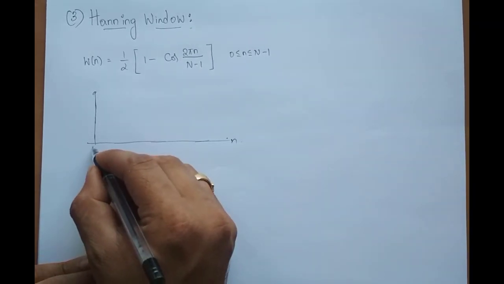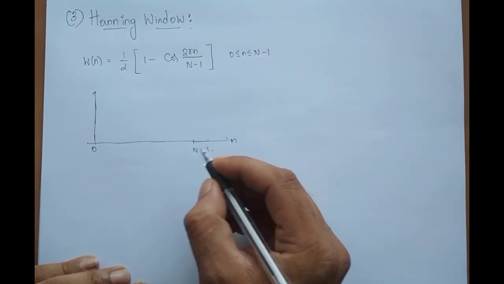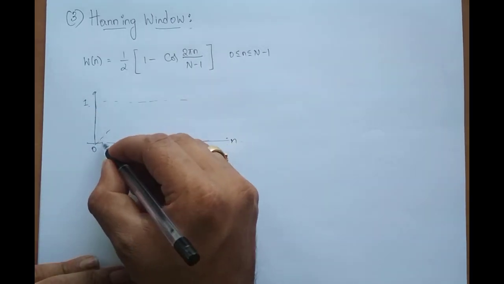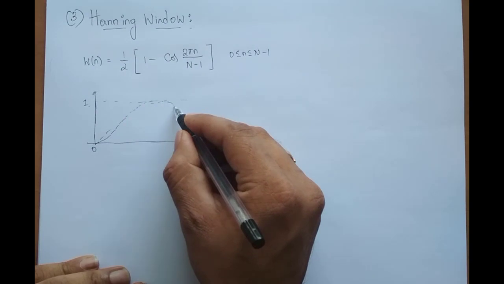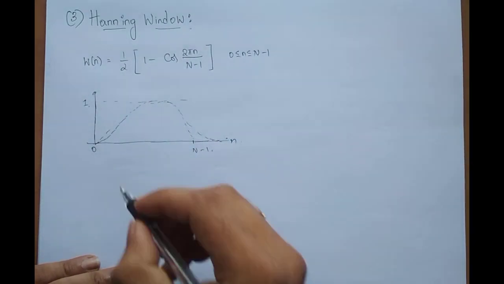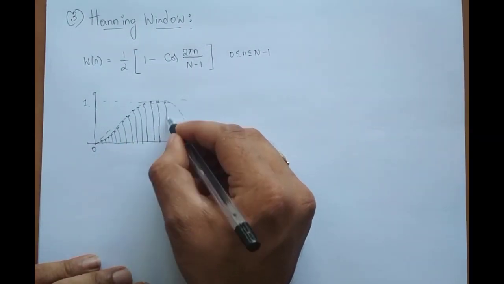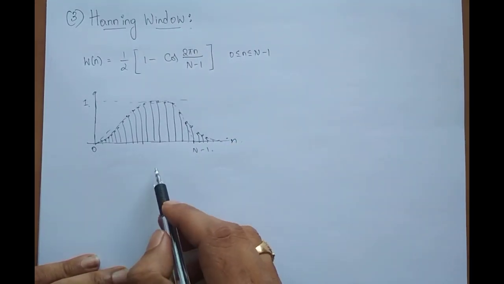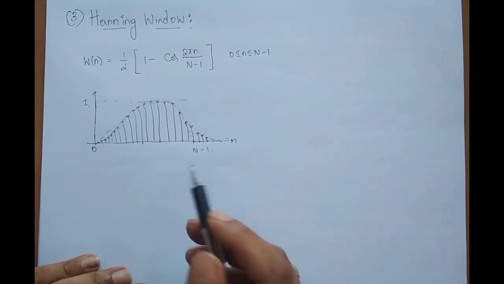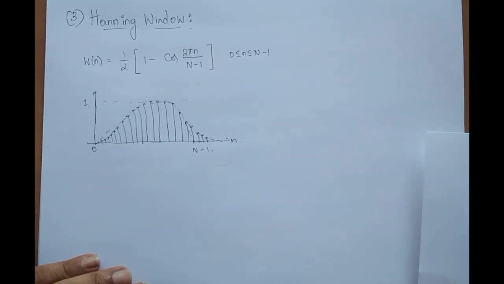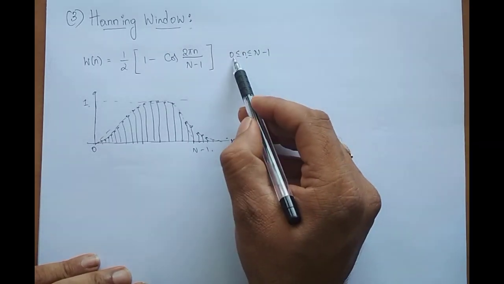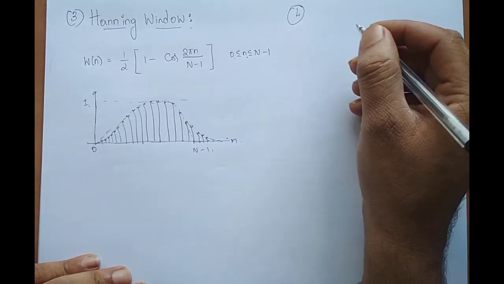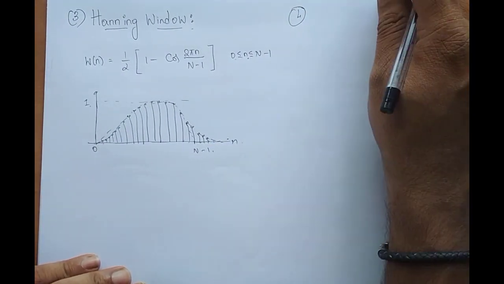This is 0 to N minus 1. So its maximum amplitude will be 1. This is how the shape of the Hanning window looks like. And if you try to give values for n varying from 0 to the order of the filter, this is how it looks like.